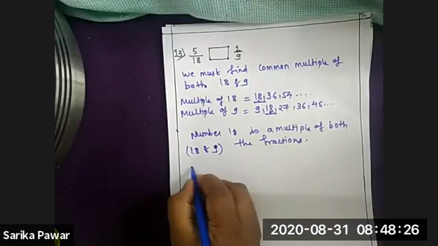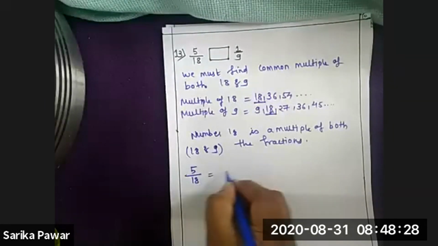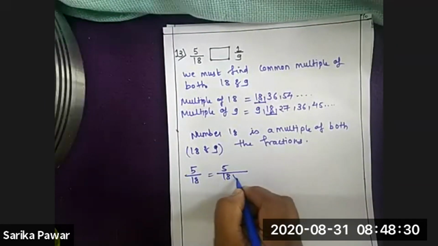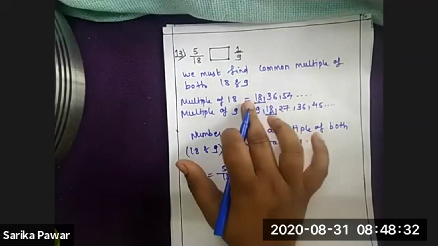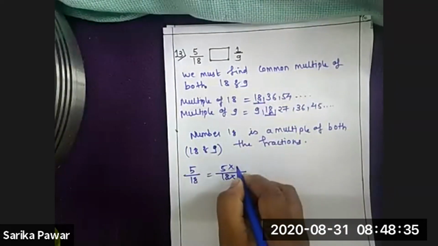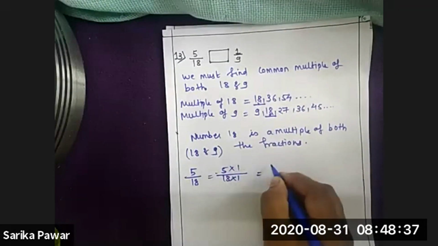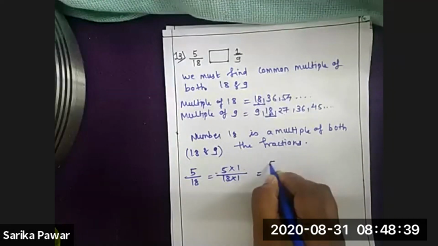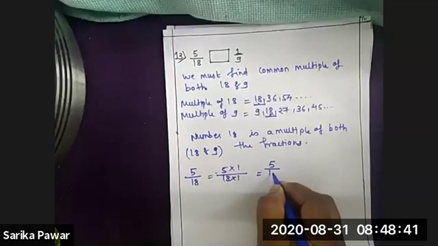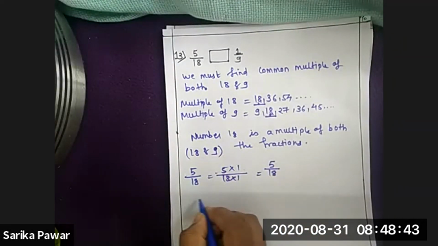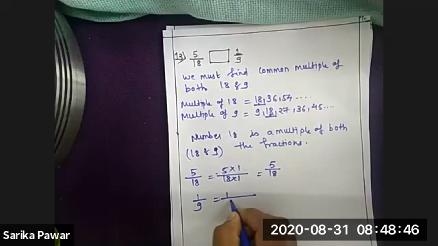Okay. Now tell me, the first term is 5 upon 18, right? 18 ones are 18, and the numerator is also multiplied by 1. 5 ones are 5. 18 ones are 18. Very good. Now 1 upon 9. See 1 upon 9.